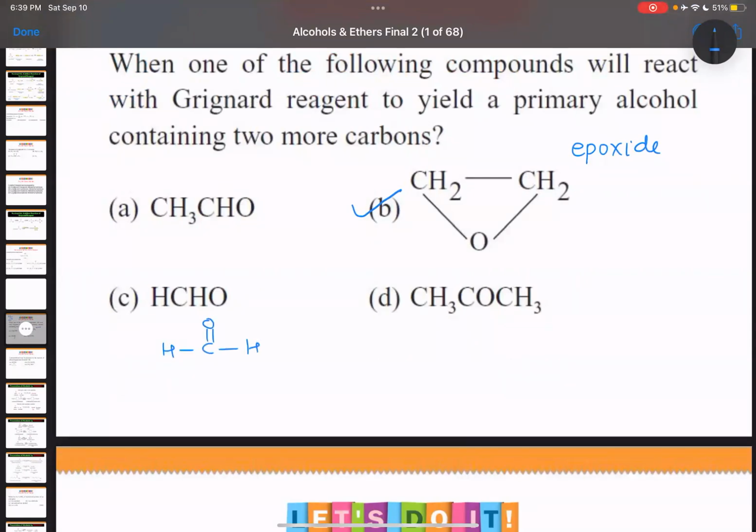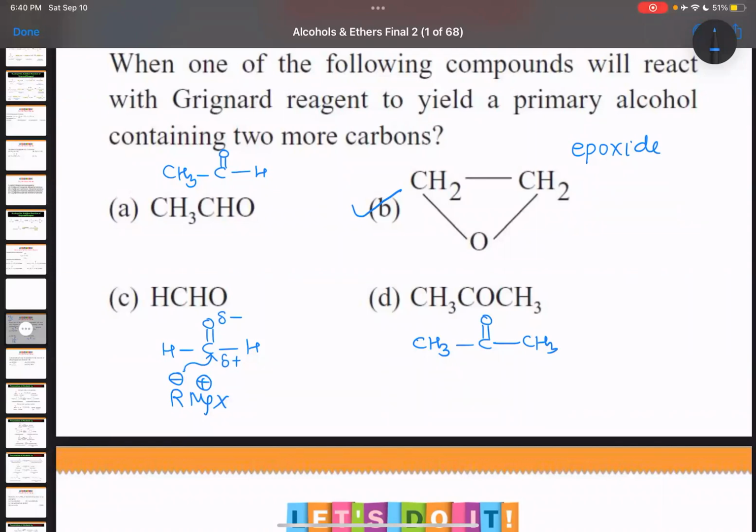And I will quickly tell you, suppose this is what we discussed in the last class, so we can go through it very quickly. If you have a ketone, and if you take Grignard, the carbon minus of the Grignard will attack the carbon of the C double bond O, because it is positive.